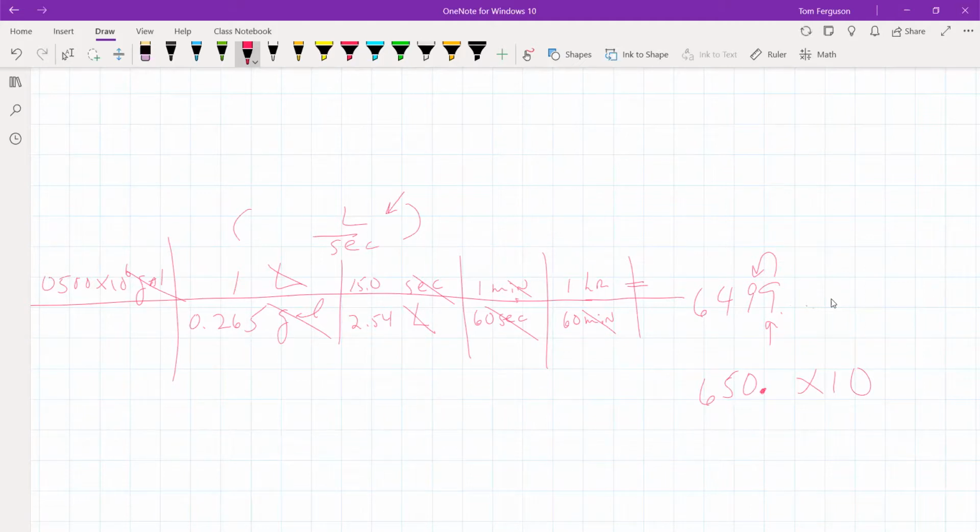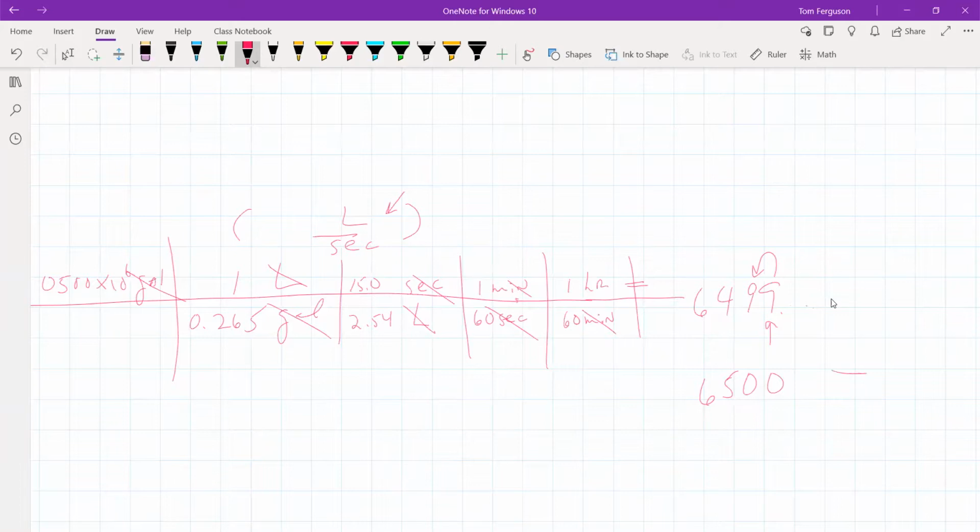Times, oops. Okay, we have to make sure right now that is 2 sig figs, right? We want 3 sig figs.